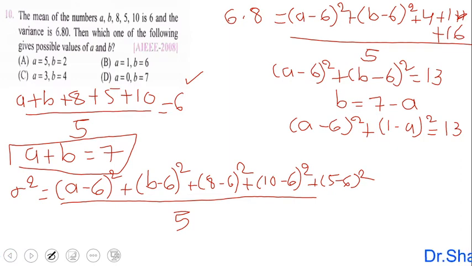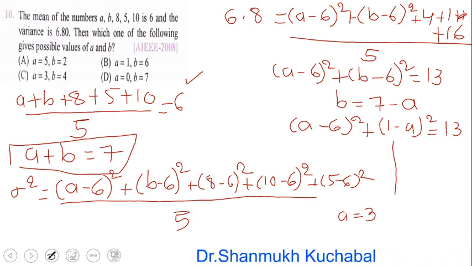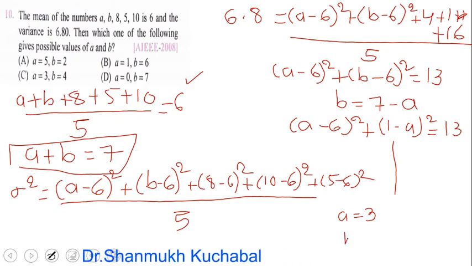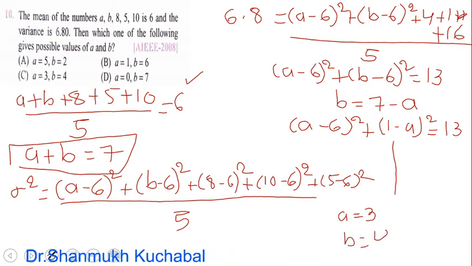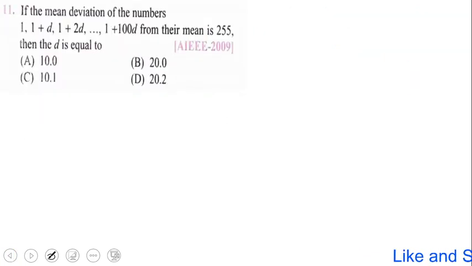If we simplify this, it is a quadratic equation. We get the solution a as 3 or a as 4. The corresponding value will be b equal to 4 here. Okay, so clearly we observe that option C is the right answer over here. Okay, we'll move to our next example.